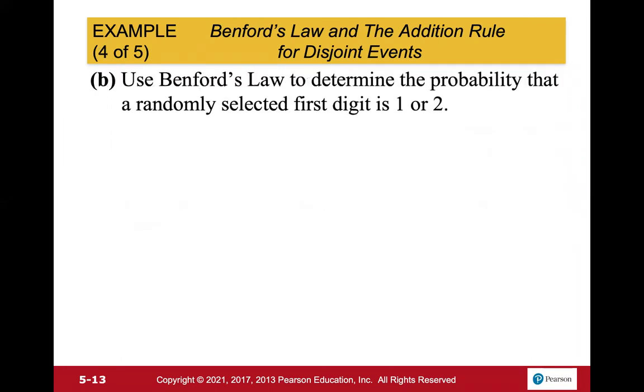So part B: use Benford's law to determine the probability that a randomly selected first digit is 1 or 2. Verbally, we're looking at the probability of 1 or 2. Let's write it down.